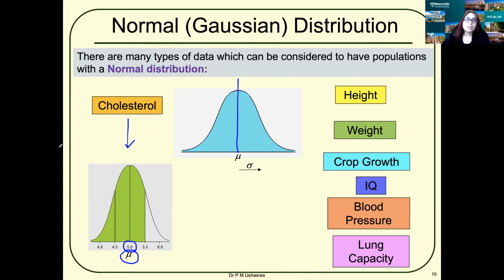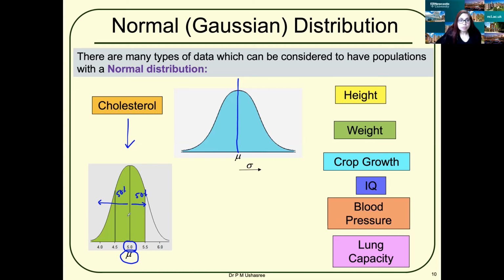This means that 50% of the adults will have a cholesterol level less than 5 units, and 50% of the adults in the population will have a cholesterol level above 5 units. So 50% will have below 5 units, 50% will have above 5 units. I'm talking about the population now.